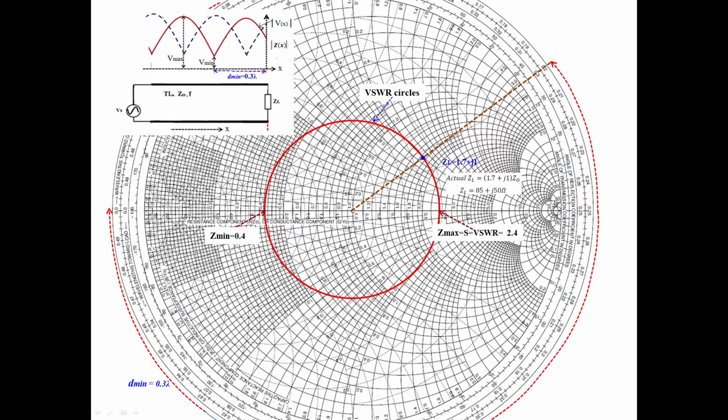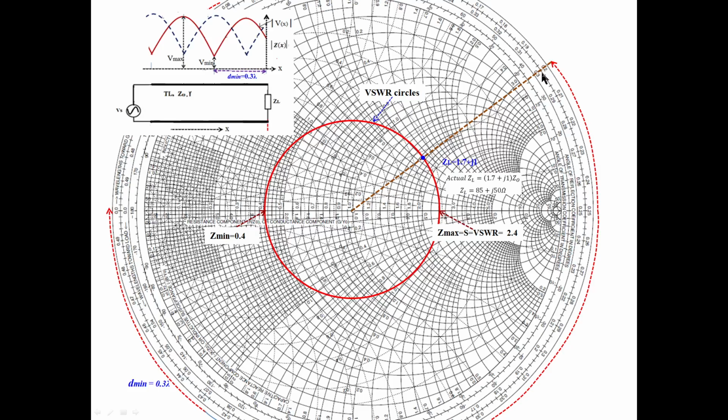So how many divisions should you move here? 0.3 lambda means each division is 0.01. If you move 10 divisions starting from the load, that is 0.1. With 20 divisions we come to 0.2 lambda. Again you move 10 divisions and we come to 0.3 lambda, that is 30 divisions in total.